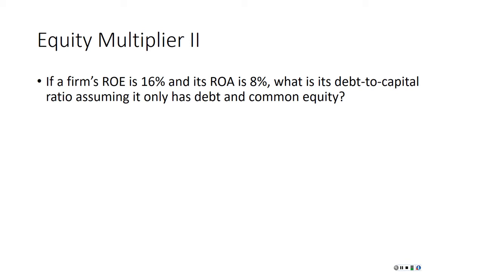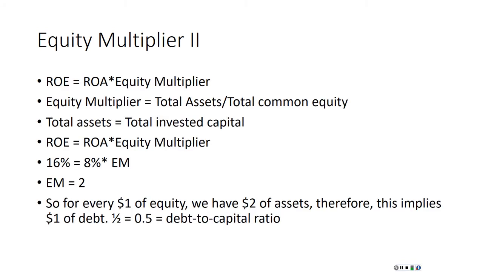If the firm's return on equity is 16% and its return on assets is 8%, what is the debt to capital ratio assuming it has only debt and common equity? Well, return on equity is equal to the return on assets times the equity multiplier, and the equity multiplier is equal to total assets divided by total common equity, and total assets is equal to total invested capital.